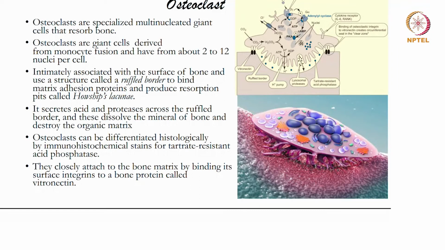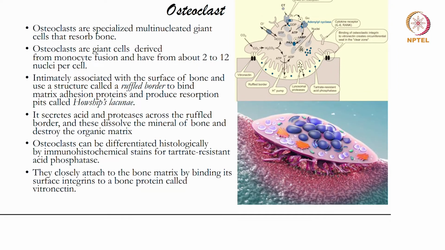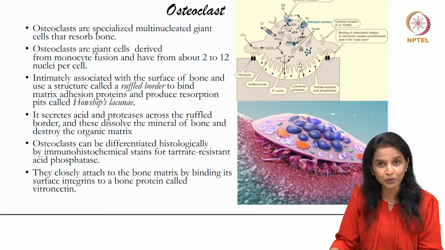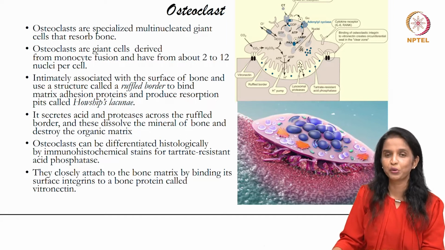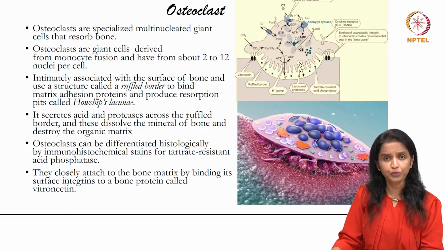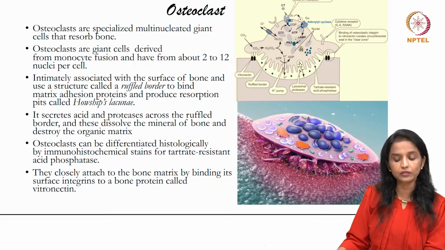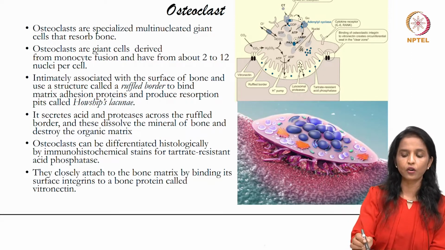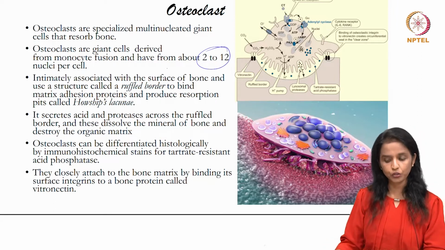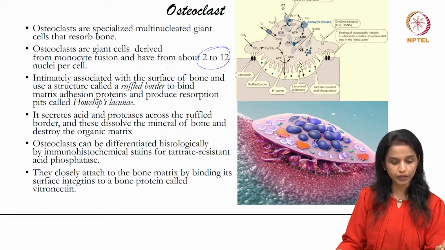And then further we move on to osteoclasts, which are very important. The osteoclasts, as the name indicates, are involved in the resorption of the bone, and these osteoclasts are also called giant cells because of their size and also because of the many nuclei present in the cytoplasm. The number of nuclei is very high, almost 2 to 12 nuclei per cell.